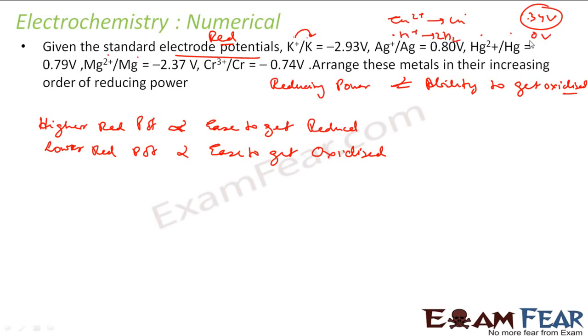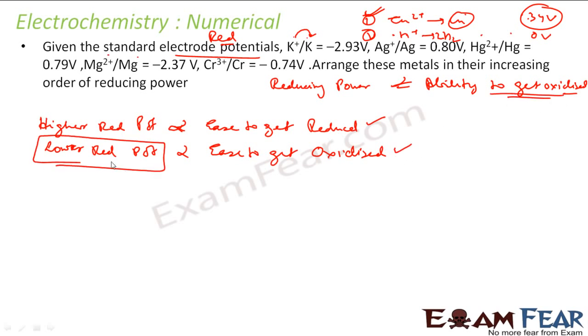This is 0 volt, right? This reaction is more feasible. Reaction 1 is more feasible than reaction 2. So higher reduction potential means it is easy to get reduced, correct? Lower reduction potential means it is easy to get oxidized. We are looking for ability to get oxidized. That means I am looking for lower reduction potential.